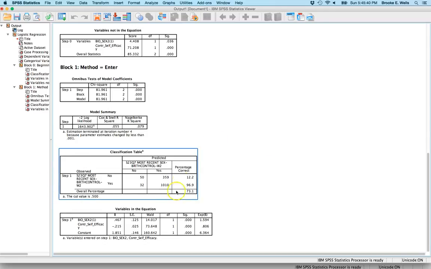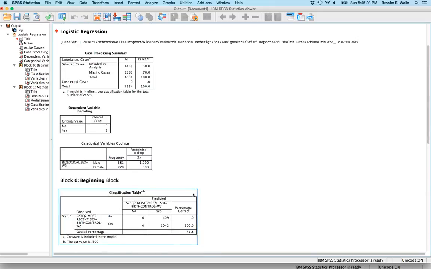And in this classification table, what this tells us is, knowing the information that we do about gender and biological sex, how accurately are we able to predict which category people are in, whether or not they've used birth control. And we accurately predict 73% of the time. So that's actually pretty good.